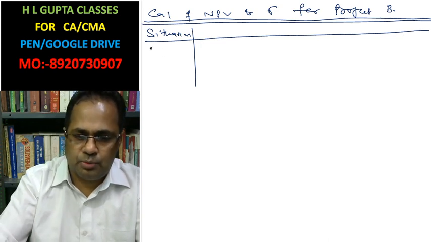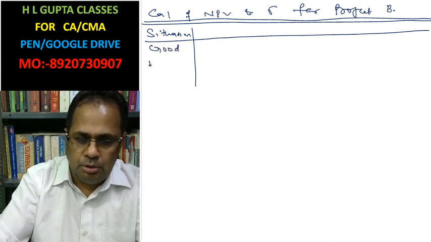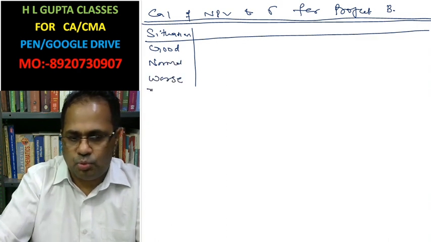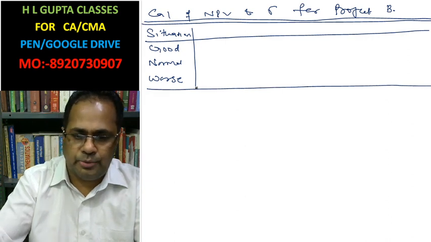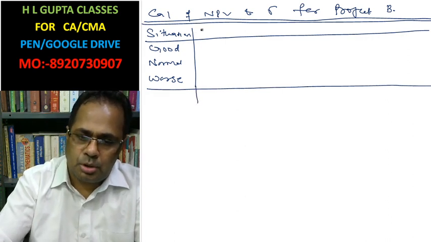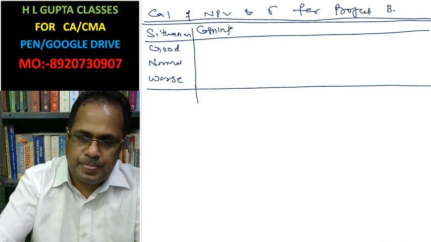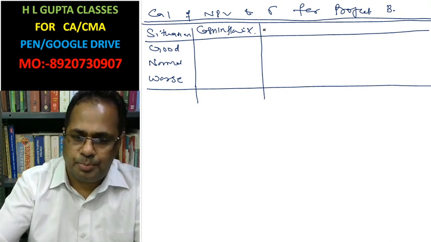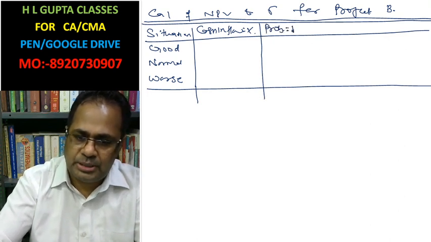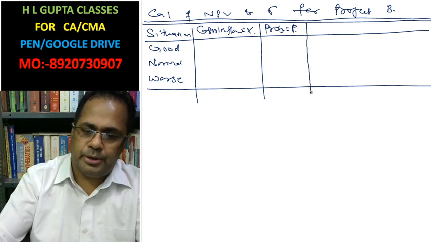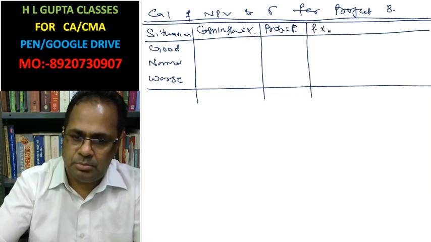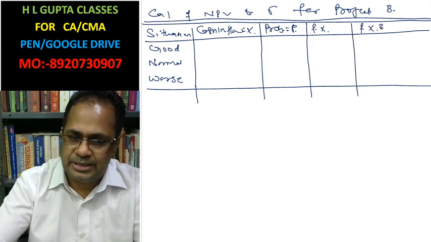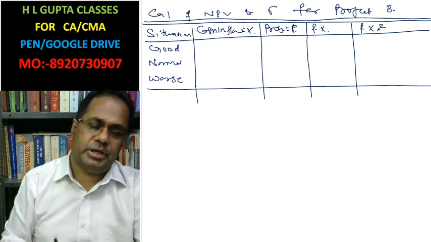There are three situations: good, normal and worse. Cash inflow is assumed as X_i. Probability is assumed as P_i. You have to calculate P_iX_i and P_iX_i squared, where the square is of X_i only.